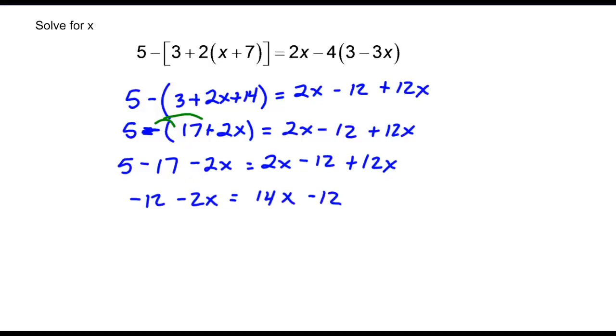Notice in this case, I'll combine any like terms, which I've already done, and then I'll group and try to get all my variables to one side of the equation. So in this case, I add 2x to both sides, and then I'll take and add 12 to both sides, and we get something kind of special going on here.